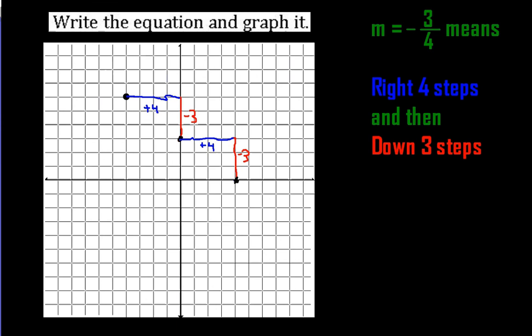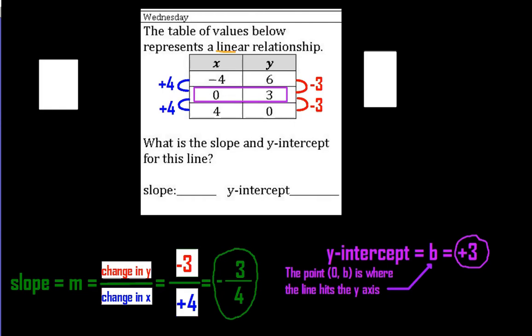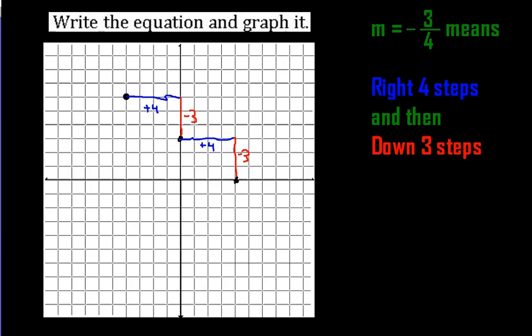Again, our ordered pairs match up with the ones that were given, but we can also make another step. We should be able to go another step to find our next ordered pair. So again, the same pattern: 1, 2, 3, 4 steps to the right, and 1, 2, 3 steps down.